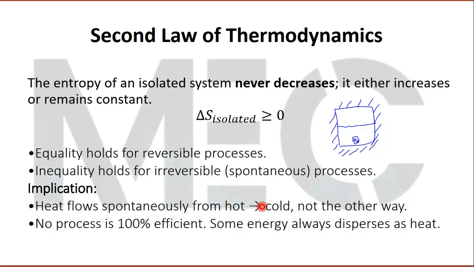Why? And why will the heat not flow from cold to hot? Why not? No process is 100% efficient. Some energy always disperses as heat. So this is just like the heat engine statement of the second law of thermodynamics.